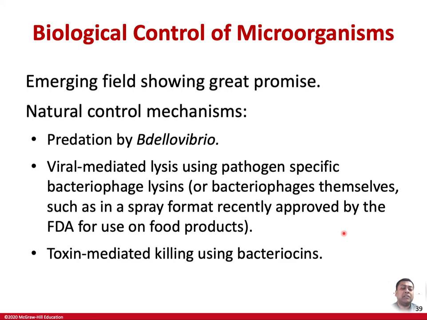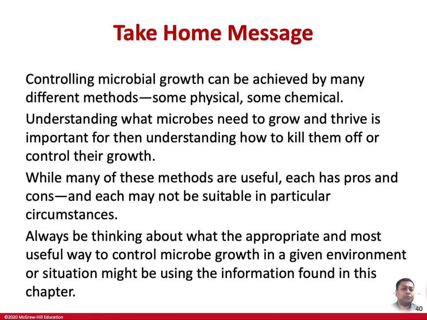These are toxins produced by microorganisms to kill other microorganisms, and these can be utilized as well. Another example is a bacterial protein called depolymerase, which can be utilized to remove biofilms. So these are some of the biological controls of microorganisms and they show great promise, and probably we will see them much more in the future.